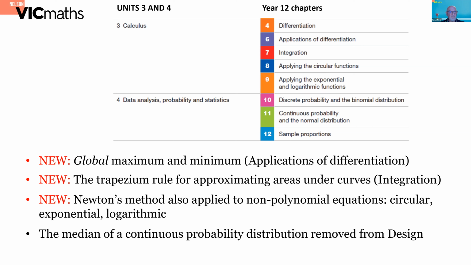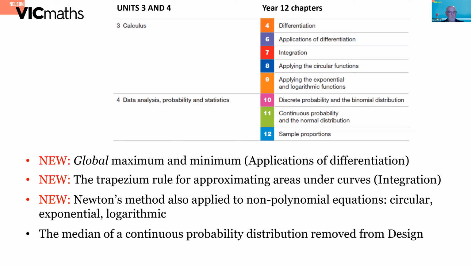And so in Unit 4, this is really a word change. So we would have done absolute maximums and absolute minimums. They were examined, and it's now called global maximum or global minimum. The trapezium rule for approximating areas is now being reintroduced. So this is something that was in the study design before this one, and then it was removed, and now it's back in again.